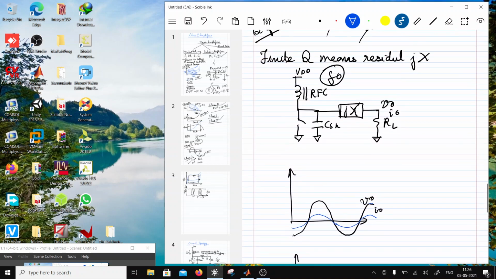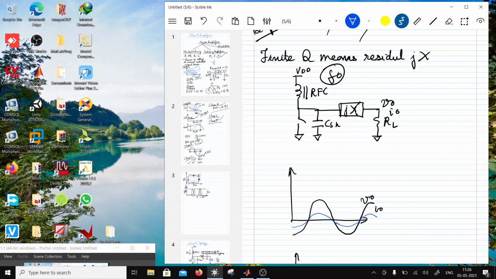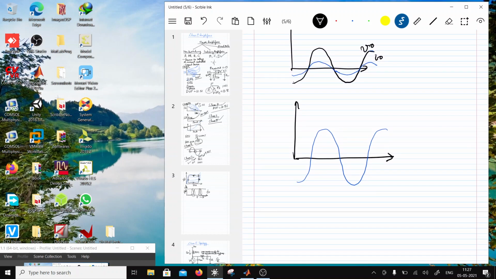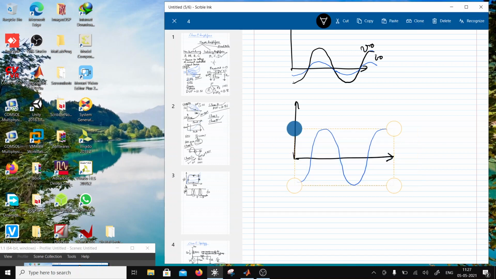Now this current IO is over here. That means if this current is IDC or ID, then the difference of the two currents is going to flow here, and that's going to be a DC shifted sine wave, right? So this is a sine wave, but I'm going to DC shift it. I'll make a copy of it, paste it, and shift this up to, let's say, this level.